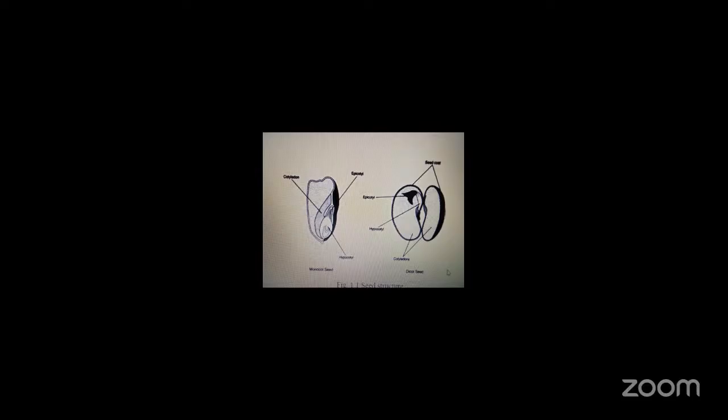So, temperature treatment. Here, low temperature treatment and high temperature treatment are there. Plants which grow in cooler climates require a period of chilling for breakage of dormancy.